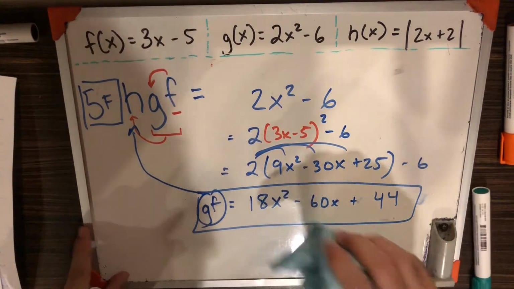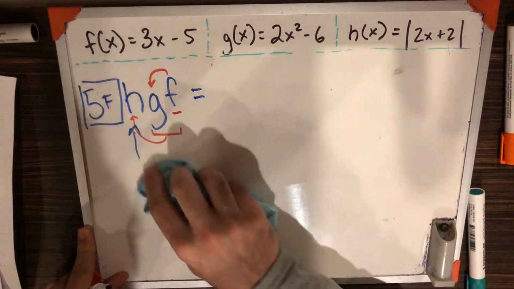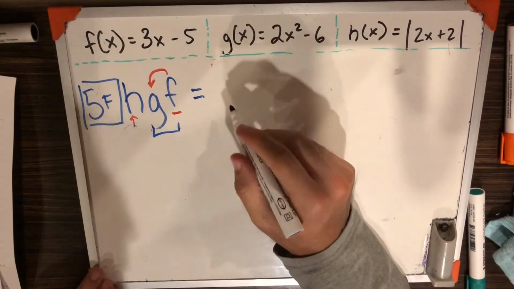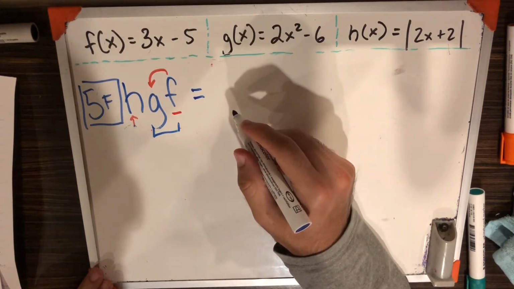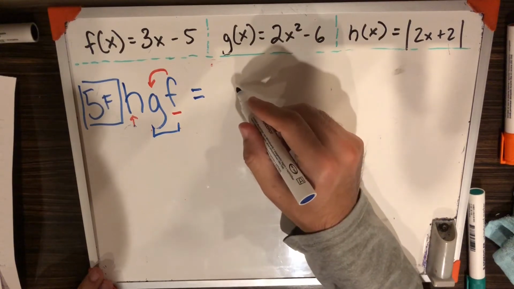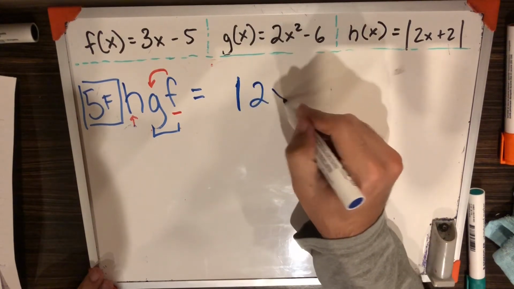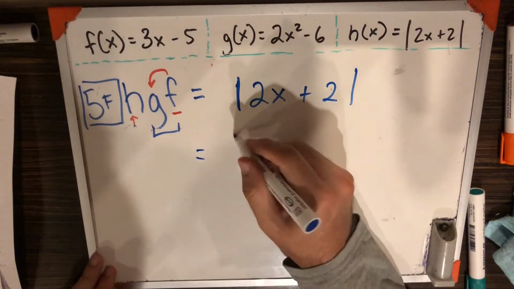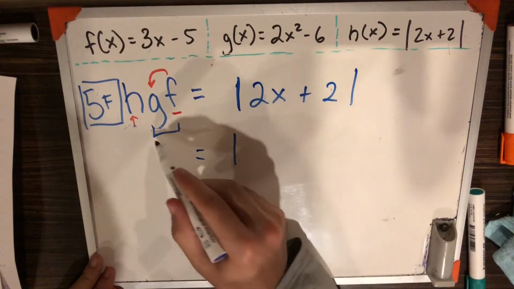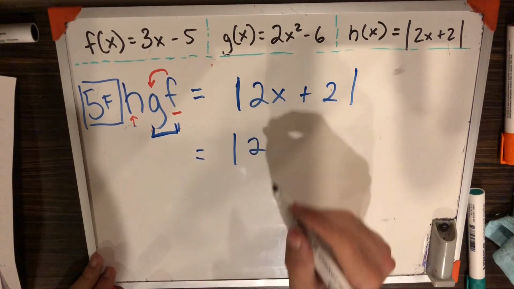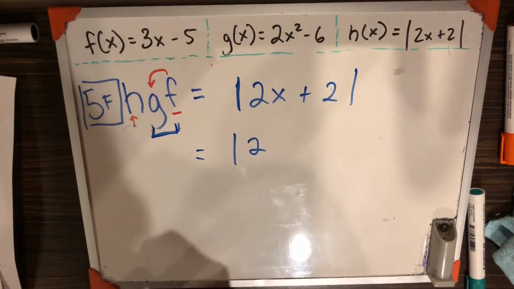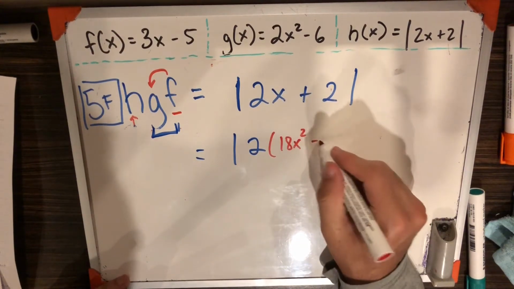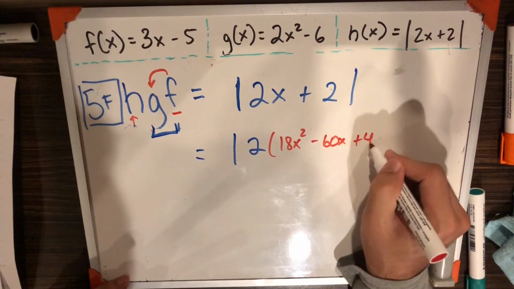So again, hold on to g of f. Let's put that into h. Okay, so I'm going to write down h. h is 2x plus 2, okay? I know I'm replacing this x with g of f. So 2, well, what was g of f? g of f ended up being 18x squared minus 60x plus 44.